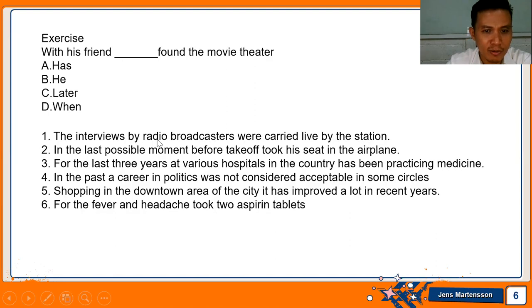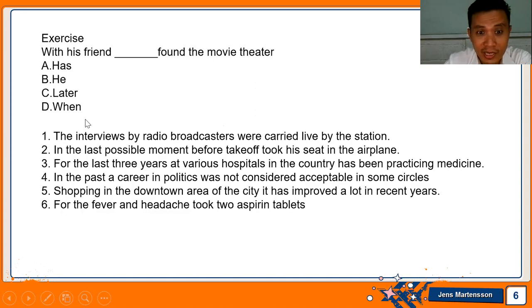The interviews by radio broadcasters were carried live by the station.